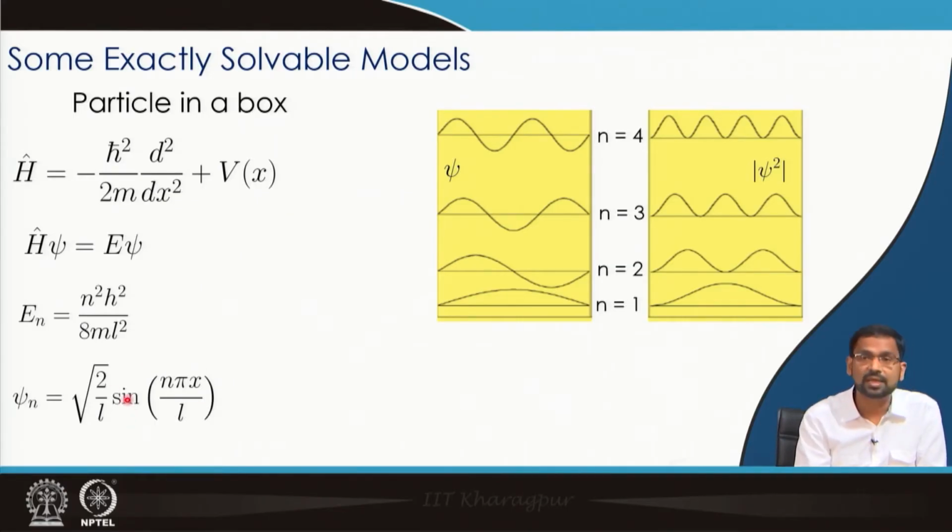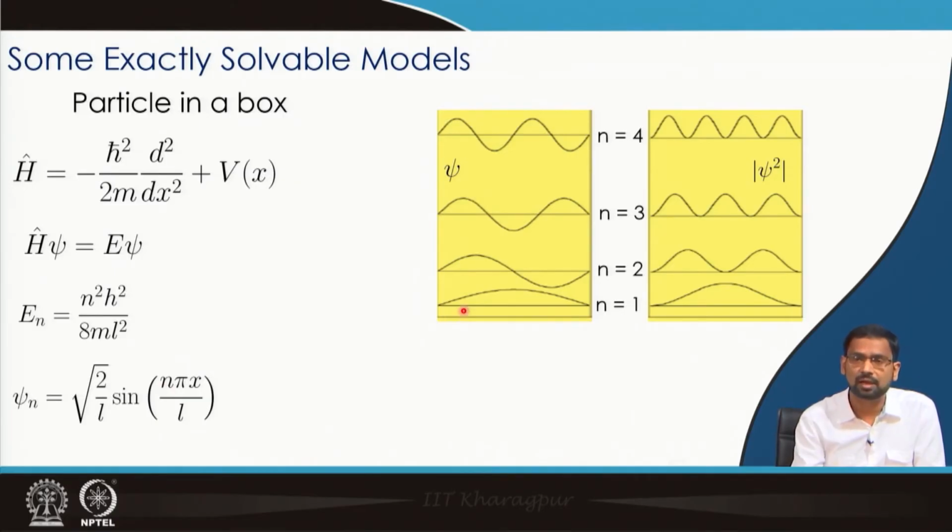Apart from that, you see a sine function. The sine function depends on pi, x and L. x is the dimension of the problem, L is the length of the box, and n is again the quantum number which keeps changing. So now you see the wave functions for different values of n are plotted.